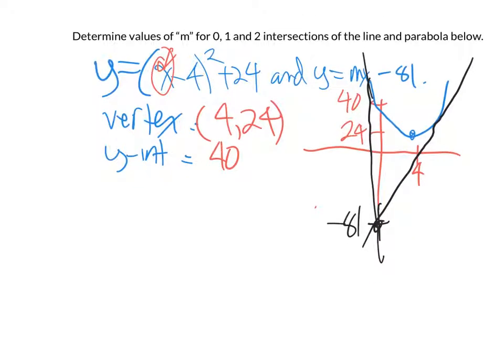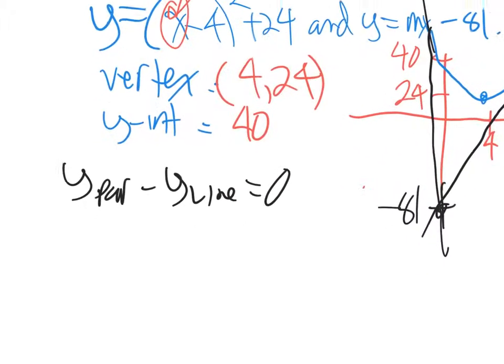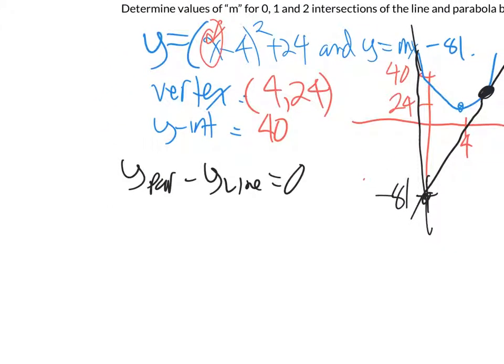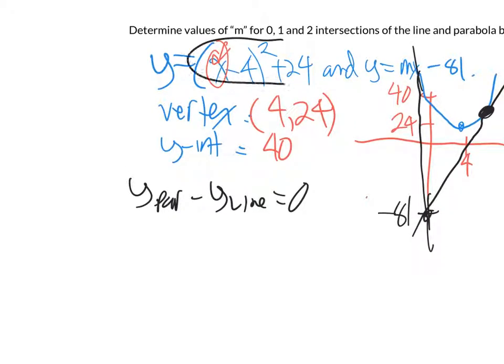All right, so what I need to do is figure out when the distance between those two is 0, because if the distance between is 0, then I have a point of intersection. So we have the y value on the parabola minus the y value in the line equal to 0. What I'm going to do is just quickly expand that out.